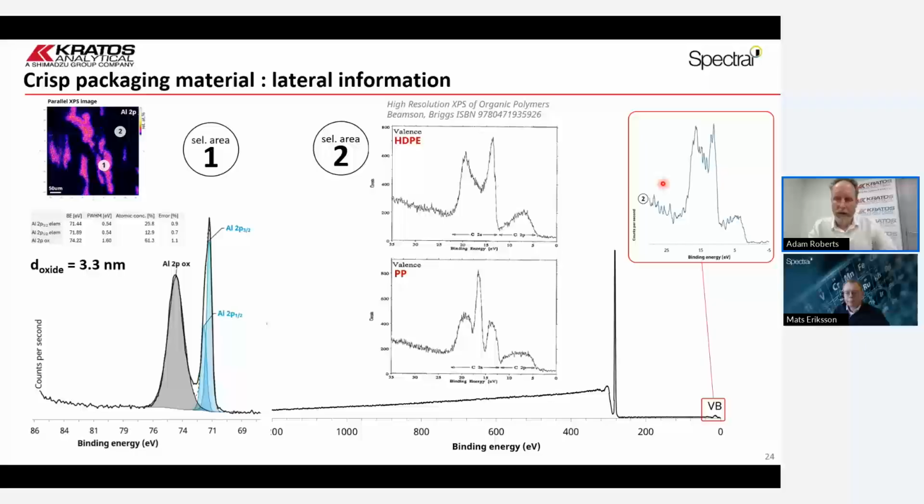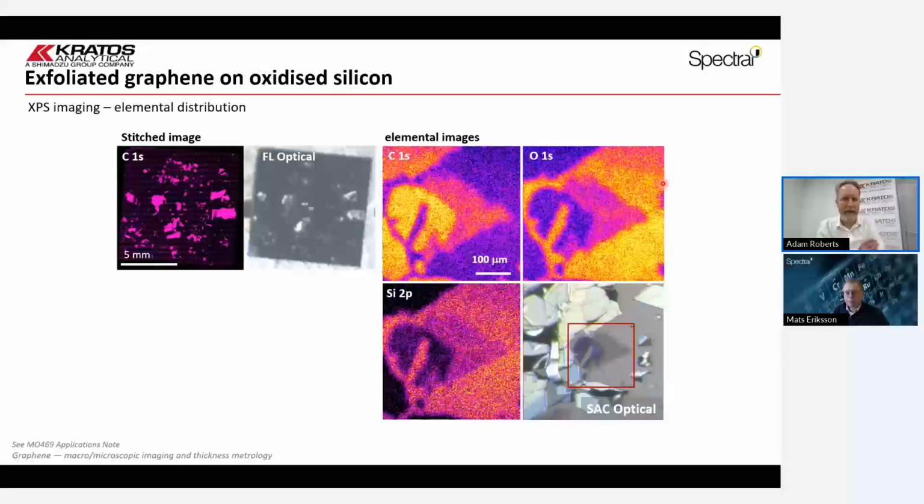So another application example that I've got here is exfoliated graphene on silicon. As we know, graphene is very, very thin. So this is a low resolution optical image. We've got these graphene flakes sitting on a silicon substrate. The higher magnification optical image allowed me to identify a region of interest.